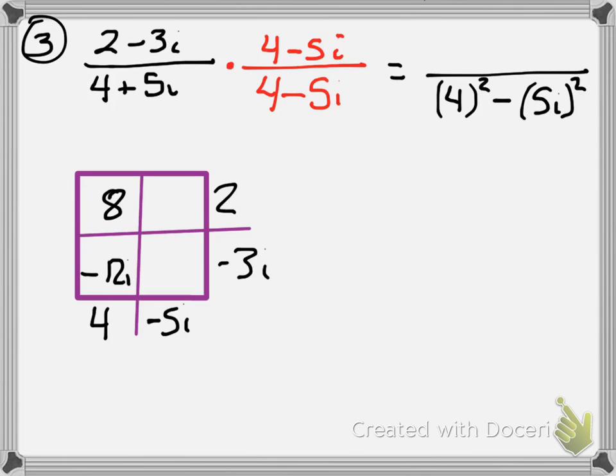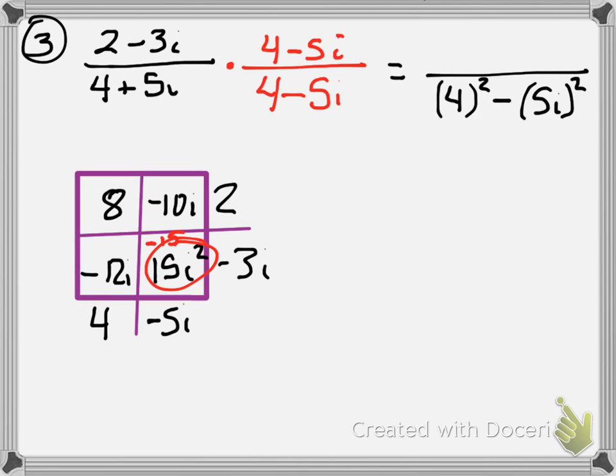Then we have 2 times a negative 5i gives us that negative 10i. And negative 3 times a negative 5 gives us 15, and then i squared. So that i squared makes this become negative 15.